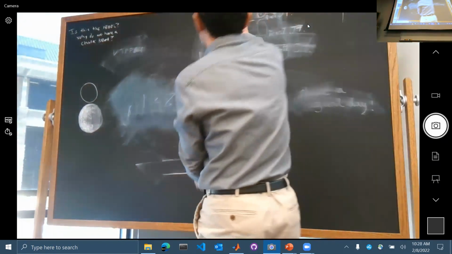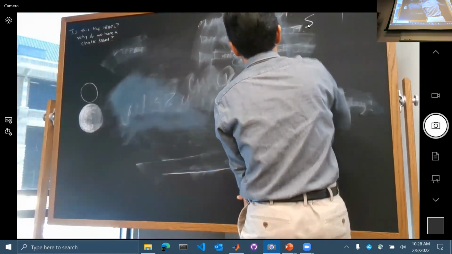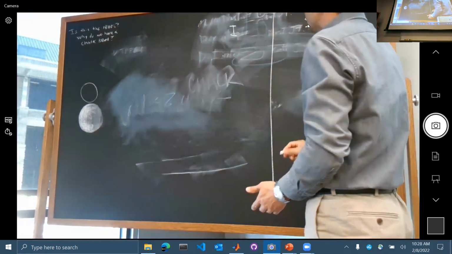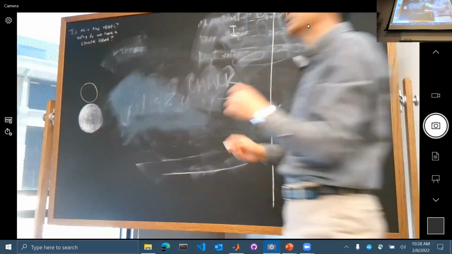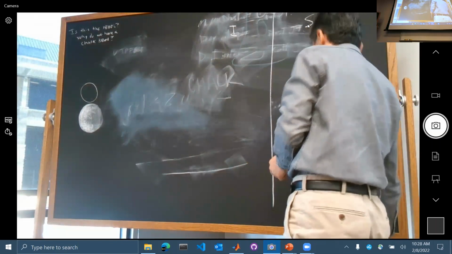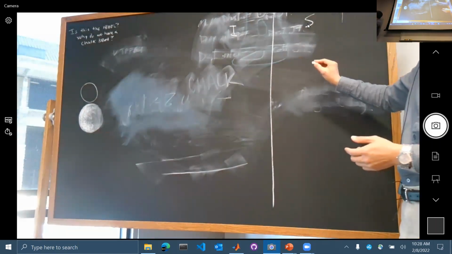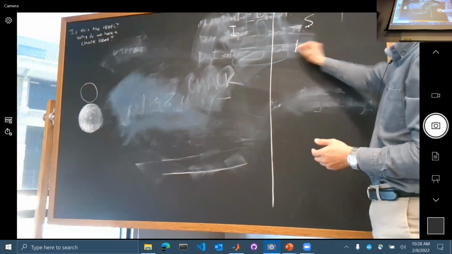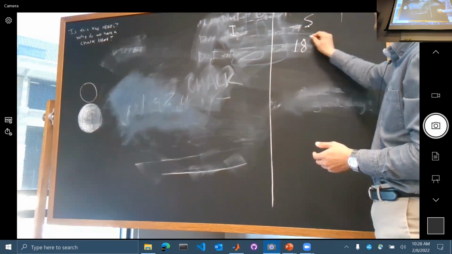We have Italian here, and the Swedish here. Are you using centimeters? Okay. So I will write my first Swedish person, maybe in centimeters, it will be 185.